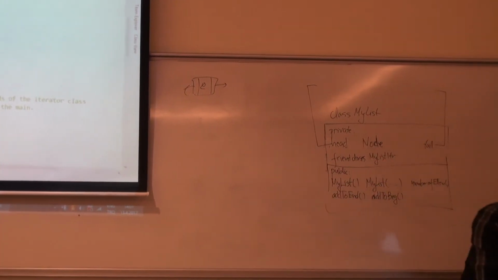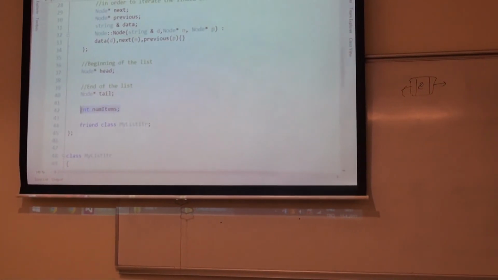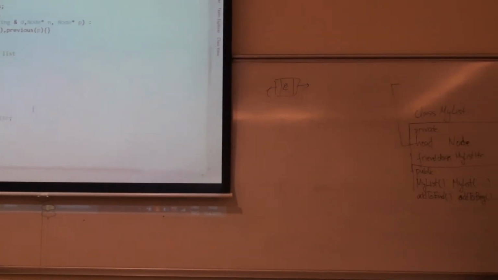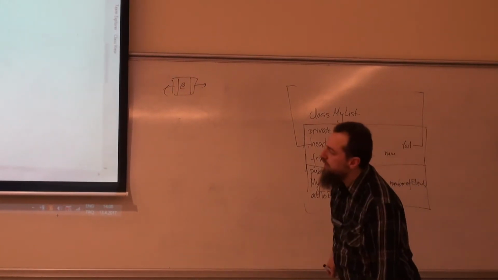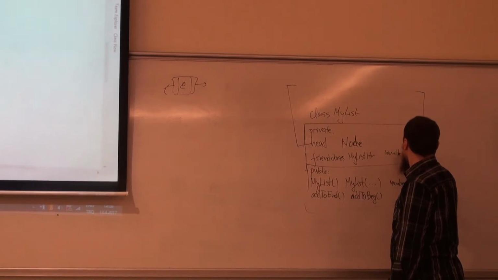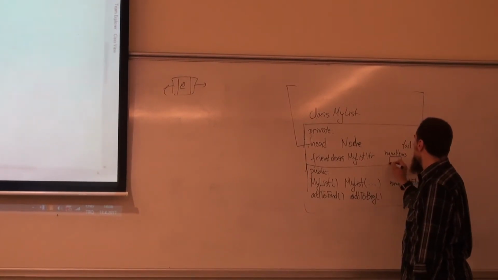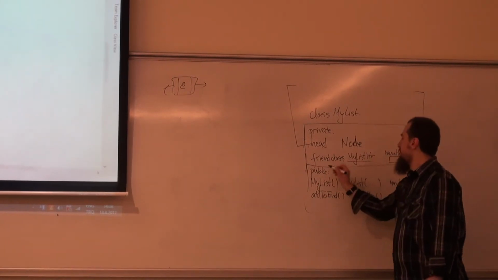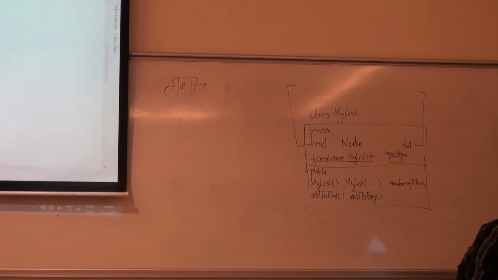I forgot to tell you that as part of another member variable, private variable, is this number of items. Here we keep the number of nodes of our doubly linked lists. So number of items is also an integer, basically, where we keep the number of elements of the nodes in our linked list.